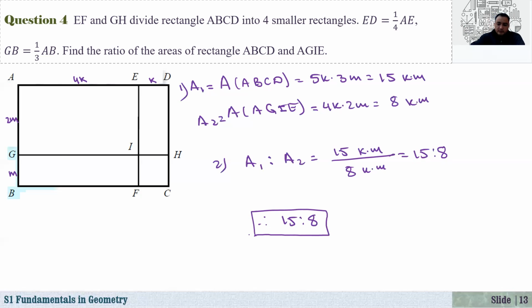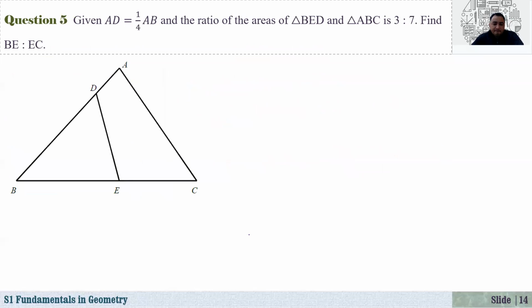Okay. Question 5, given that AD is 1/4 of AB. So that means if AD is equal to K, BD should be equal to 3K, because the ratio of AD to AB is 1/4.